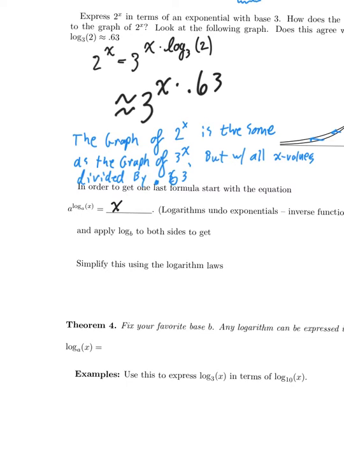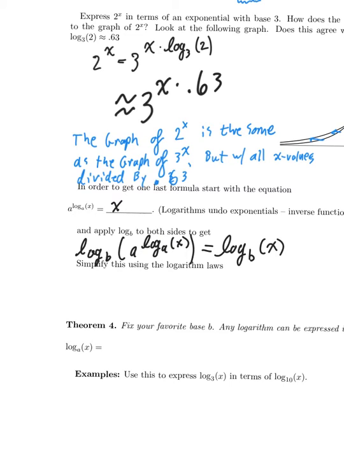But something fancy will happen if I apply log base b to both sides of this. I'll get the log base b of a to the log base a of x is equal to the log base b of x. And that might seem like a totally nonsensical thing, but something interesting is about to happen. I can simplify the left-hand side using logarithm laws.